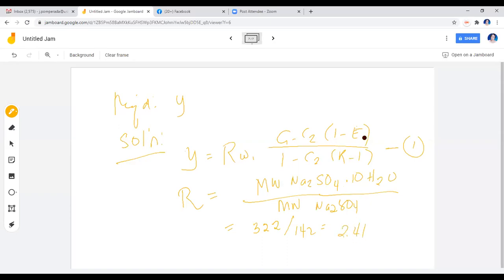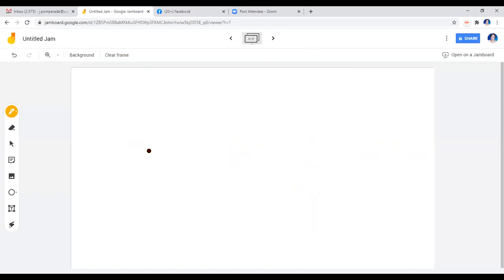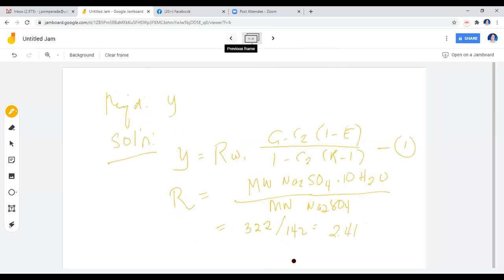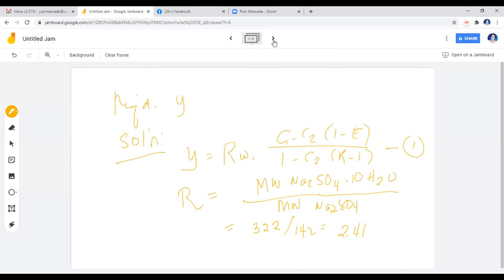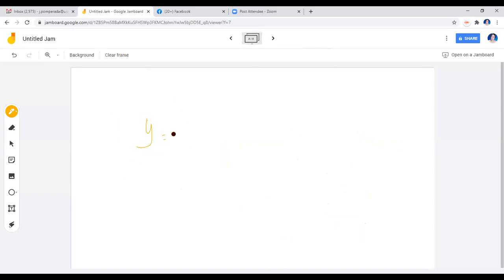Now, what else do we need? The E is there already. The concentrations I already solved in the given. So all we have to do is substitute. We will have the yield equal to R, 2.41.